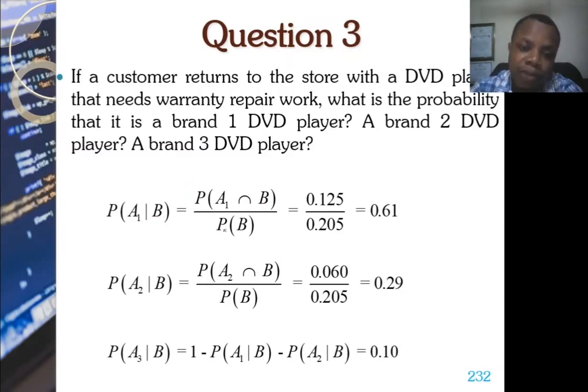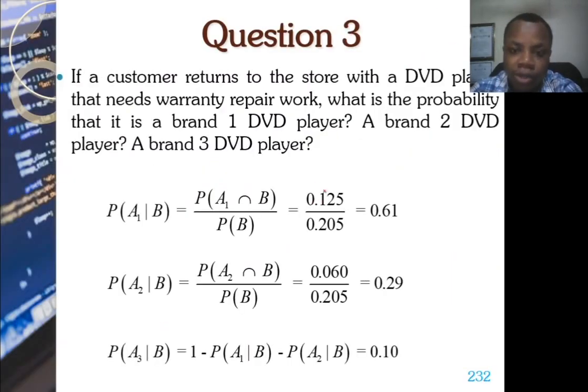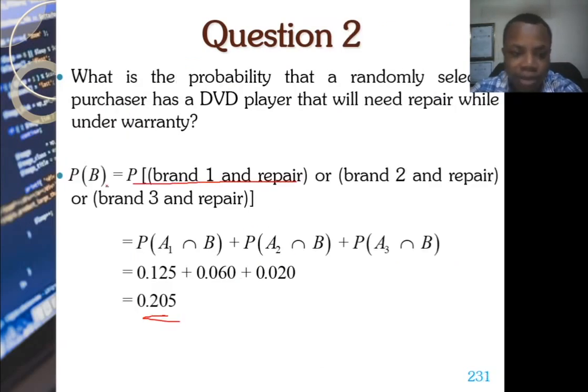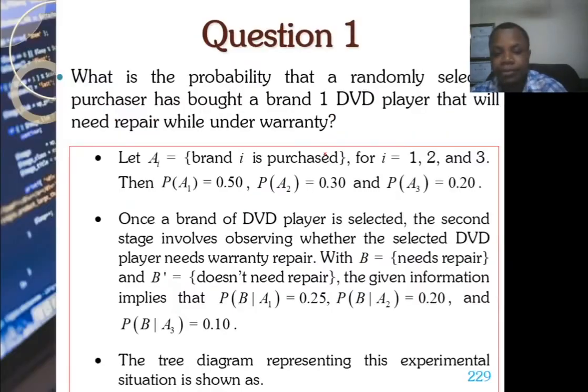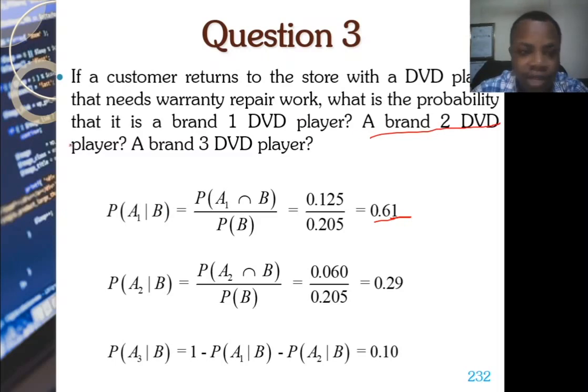Remember from our conditional probability, we already know A1 intersection B, which we were able to estimate as 0.125. So this will be 0.125 over probability of B. And remember, we estimated probability of B to be equal to all that we have in here. If you go through that, we are going to get 0.61 for the probability of A1 given B. Now what about the second one, brand 2 DVD player?